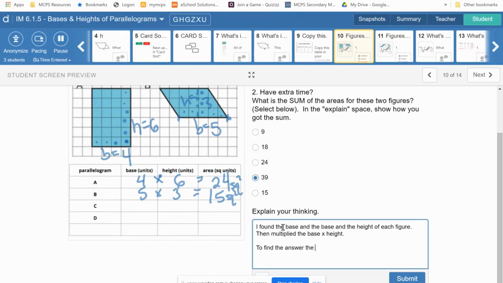To find the answer to part 2, they just wanted me to add the answers up. The answers I found to the areas, which was 24 plus 15 equals 39.